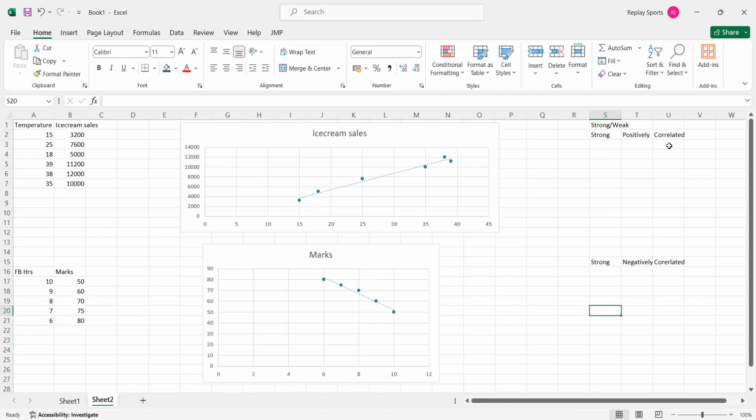And the correlation value changes from 0 to -1 or +1. If it is positively correlated, it will go from 0 to 1.